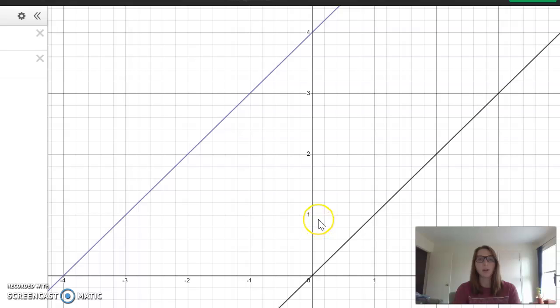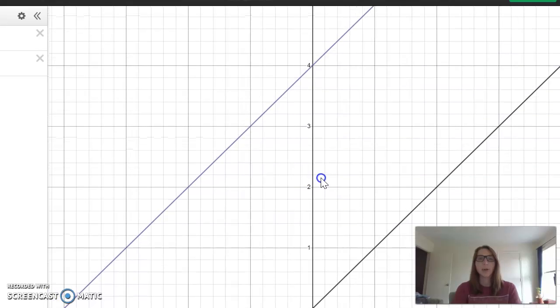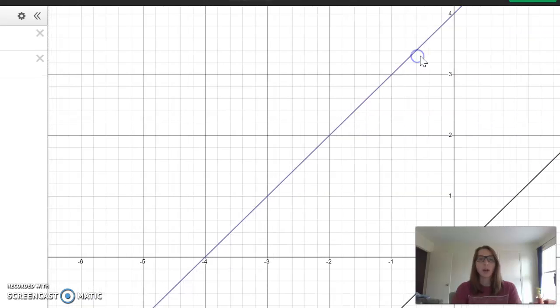It goes up 1, over 1, up 1, over 1. And this next graph does the same thing. It goes up 1, over 1, but it has moved up, or translated up, to 4. So it crosses the y-axis at positive 4, and it crosses the x-axis at negative 4.